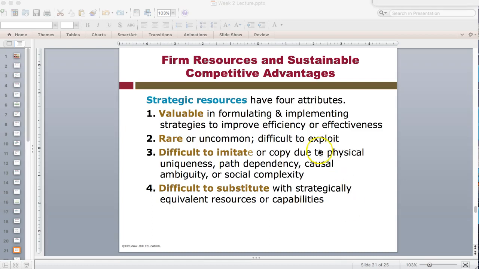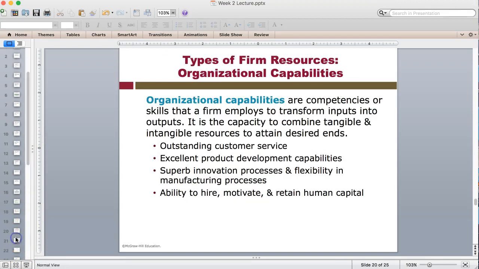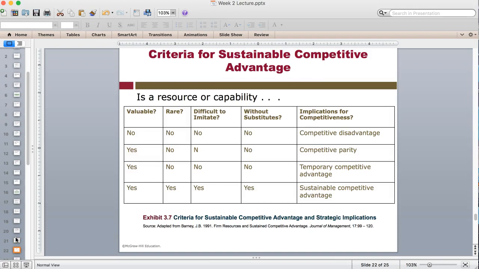And so when you're looking at trying to determine whether these resources give you competitive advantage, sustainable competitive advantage, you can build a little table like this. And the goal, of course, is to be at the bottom where you have ultimate sustainable competitive advantage, that would give you for the long term.